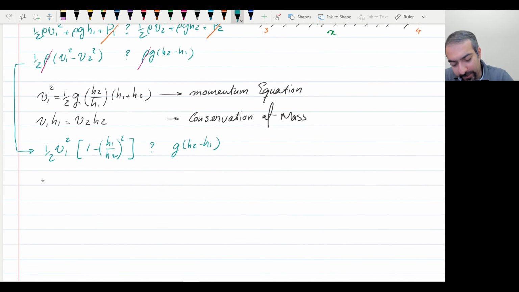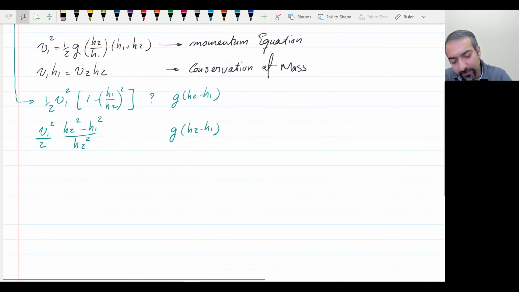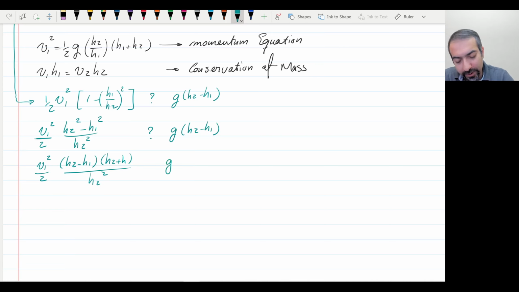Therefore, this is going to be v1 squared over 2 times h2 squared minus h1 squared over h2 squared, comparing with g times h2 minus h1. Still comparing. So now I can write this as v1 squared over 2, h2 minus h1 times h2 plus h1 divided by h2 squared, compared with g times h2 minus h1. And this h2 minus h1 can be cancelled.